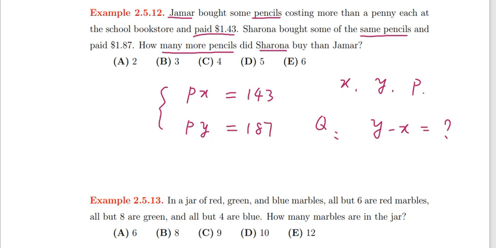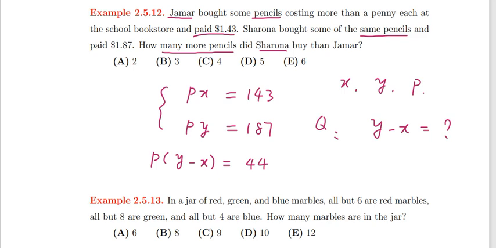Okay, this equation minus this equation, so we have p times (y minus x) equals 187 minus 143, so this is equal to 44.